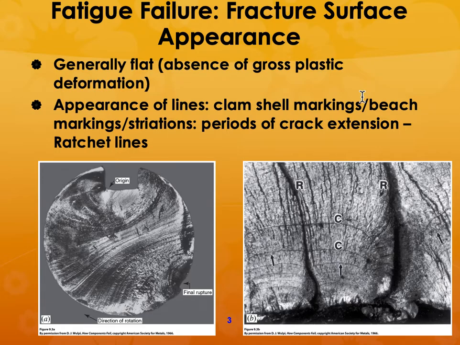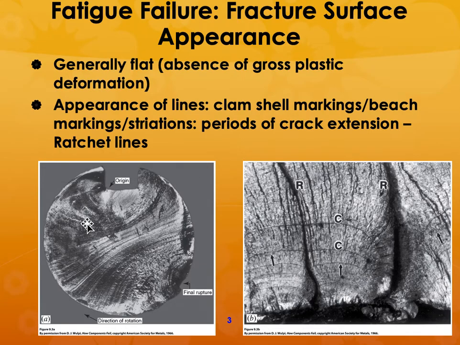Because if there is plastic deformation, what happens to an advancing crack? It gets stopped. So if there is no plastic deformation, then you can kind of assume that the failure occurred due to fatigue.